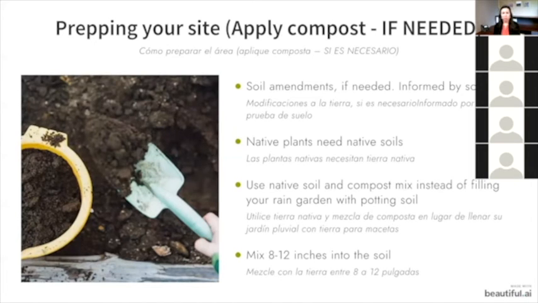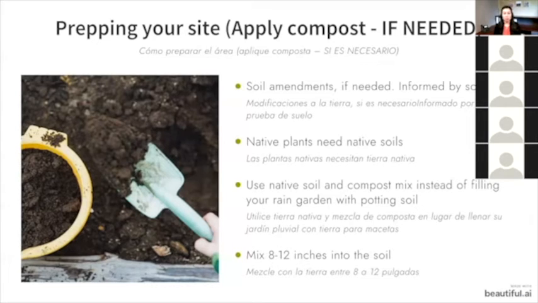When you're prepping your site, compost may be needed. What you cannot do is just use topsoil for rain gardens. If you are using a rain garden as your MS4 stormwater control measure, you need to use that special mix once again.